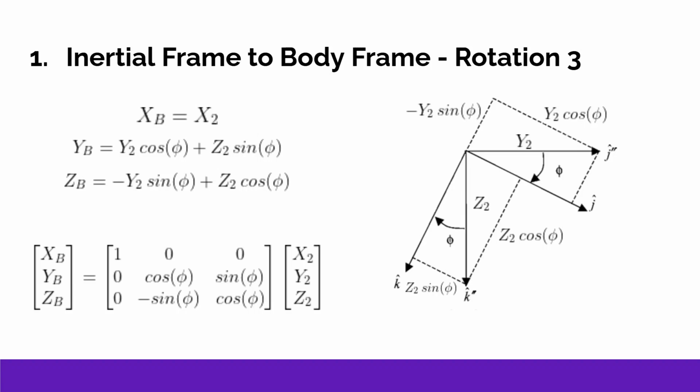So now we have enough to construct the last rotation matrix, and we can multiply it with the vector components in the second intermediate frame, and that is x2, y2, and z2, and that will yield the new components of the same vector, but this time in the body frame, and that is xb, yb, and zb.